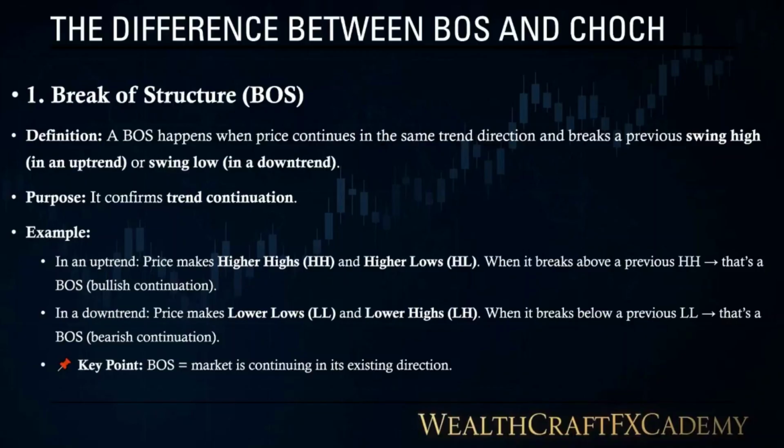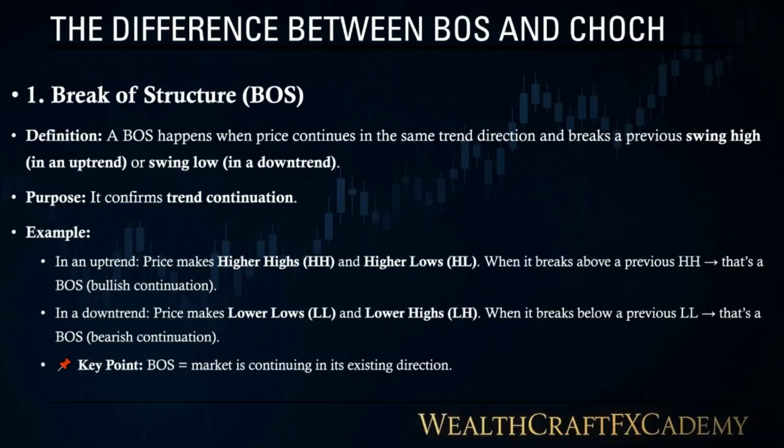Break of structure, BOS, happens when price continues in the same trend direction and breaks the previous swing high in an uptrend or swing low in a downtrend. Now, the purpose of this BOS, it confirms trend continuation. For example, in an uptrend, price makes higher highs and higher lows.